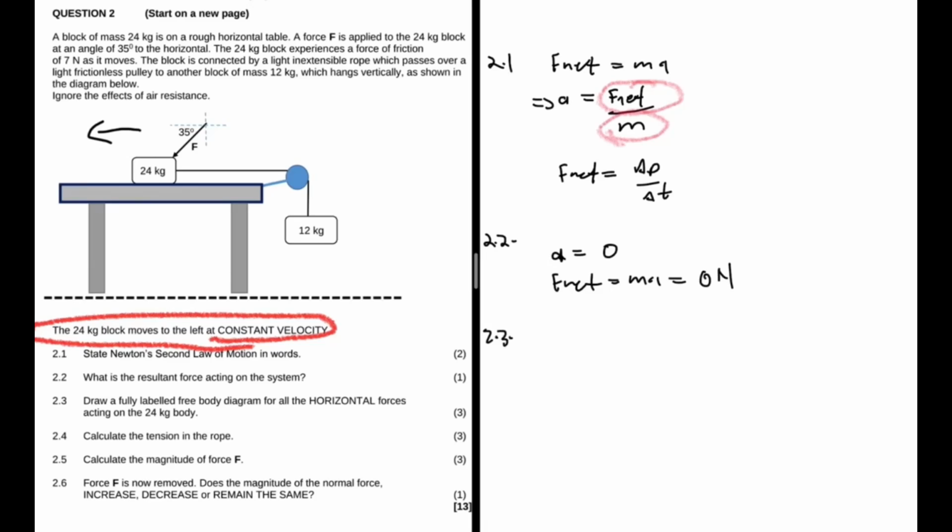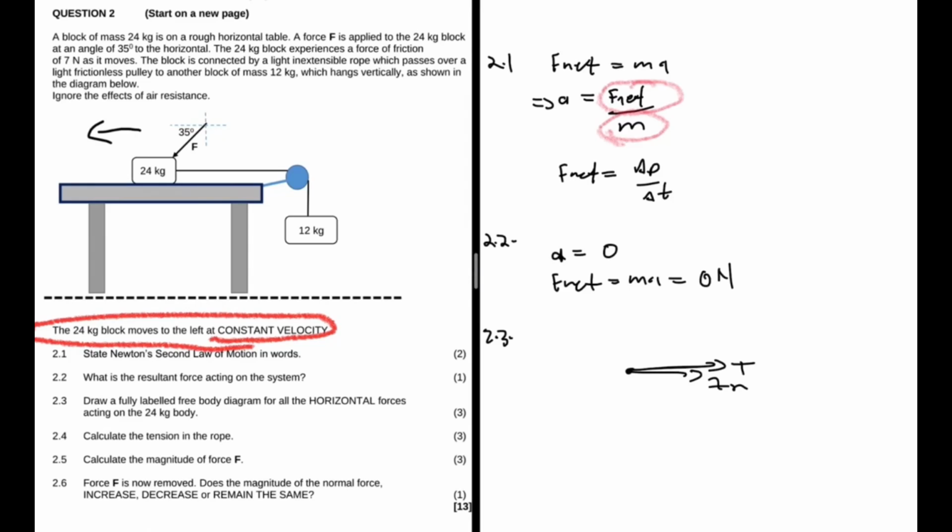2.3 says, draw a fully labeled free body diagram of all the horizontal forces acting on the 24 kg body, right? So that's our free body diagram there. And then we have the tension as a consequence of the string attached to the 20 kg block, right? And then we also have friction that is going to the right because our object is said to be moving to the left, right?